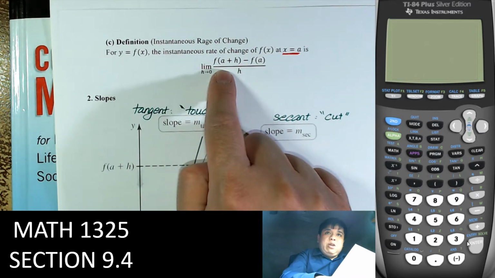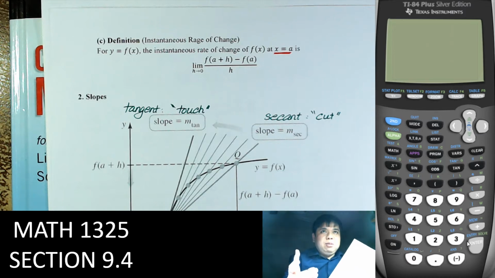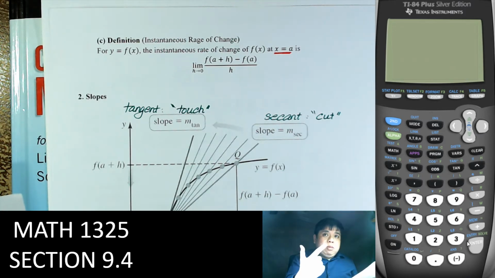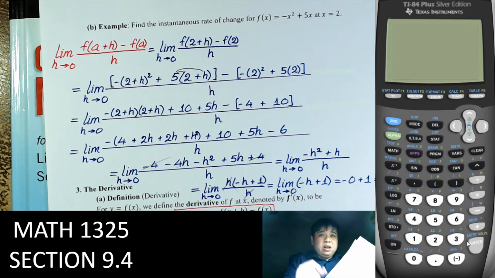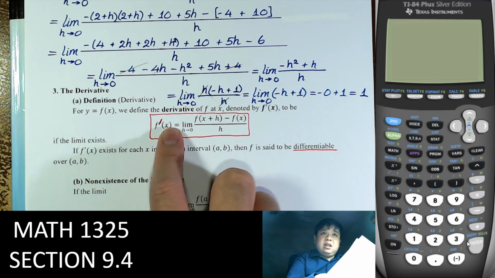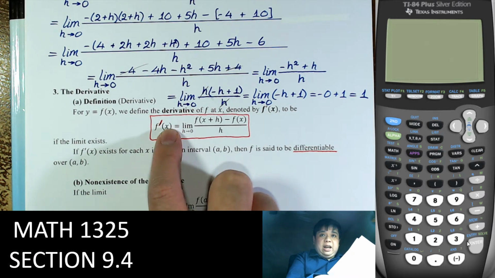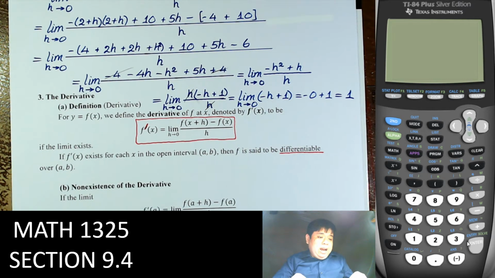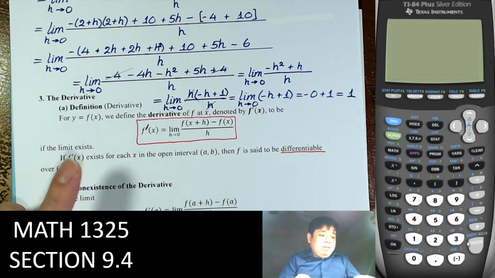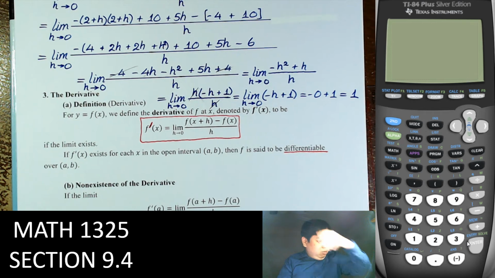So all of that is kind of similar: instantaneous rate of change, slope of the tangent line, and the derivative. The only difference is that the derivative is defined at x instead of at a. Right, and if the derivative exists, it is called differentiable.